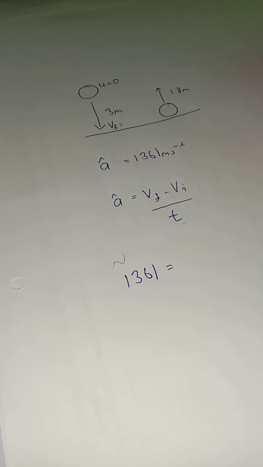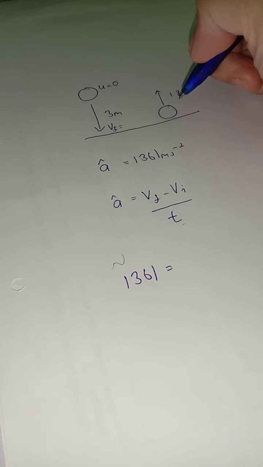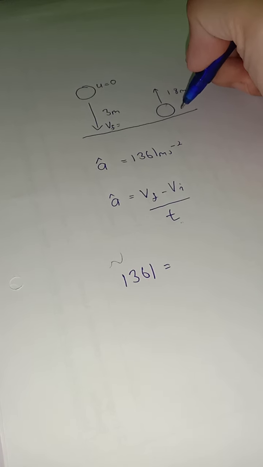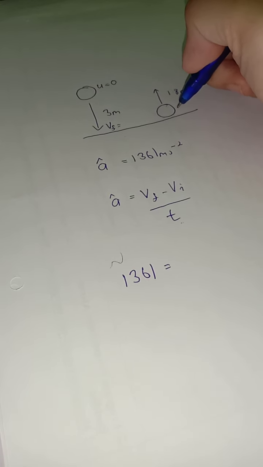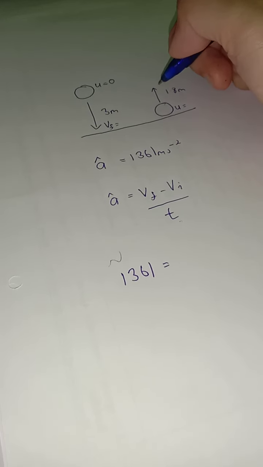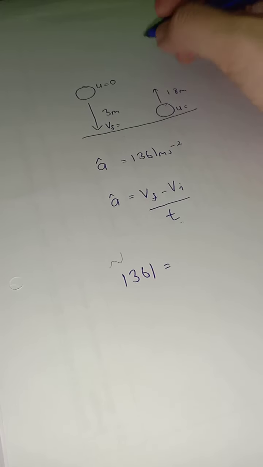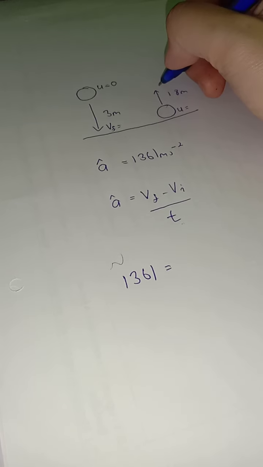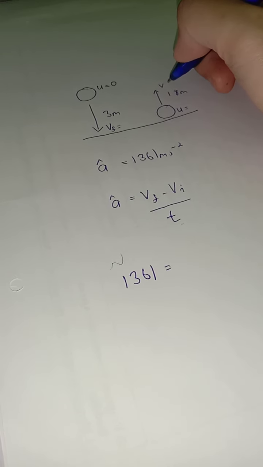For the rebound case, it has an initial velocity, and when it reaches the maximum height of 1.8 meters, the final V is going to be 0.